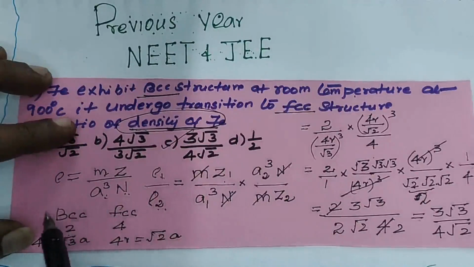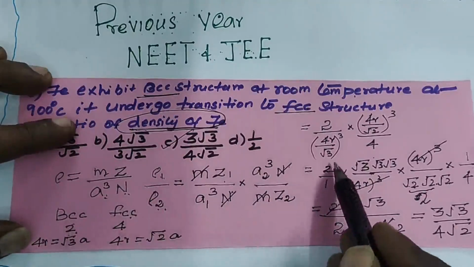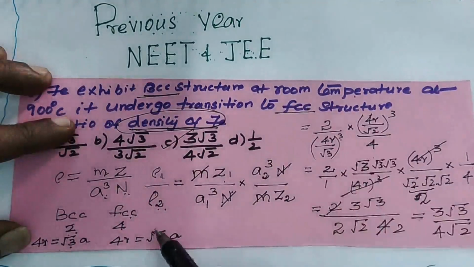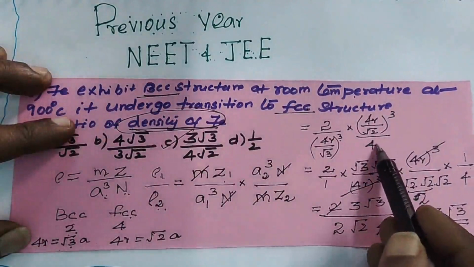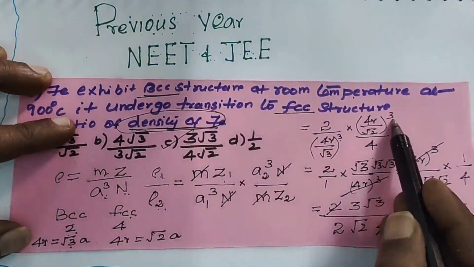Another important point for BCC to FCC: BCC number of atoms is 2, divided by the radius of the sphere and edge length, 4r divided by root 3 the whole cube, and for FCC, 4 atoms per unit cell, 4r by root 2 the whole cube.